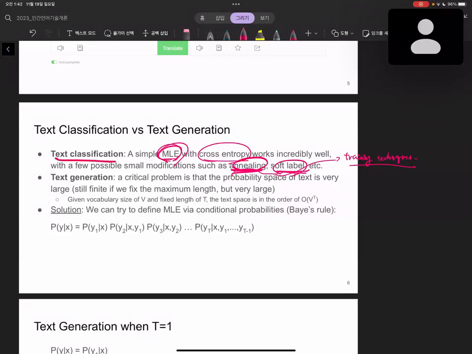Text classification can be served by using simple MLE with cross entropy. So this is negative log likelihood.